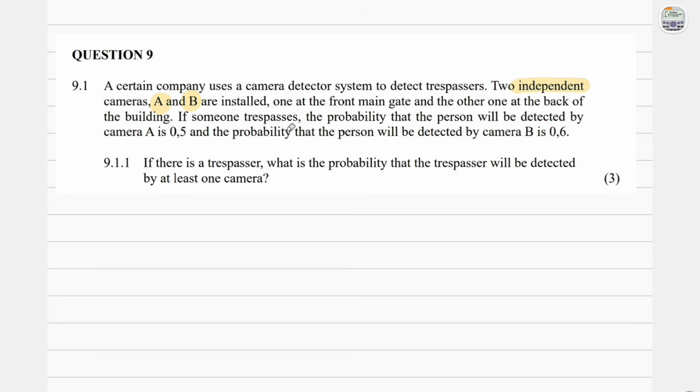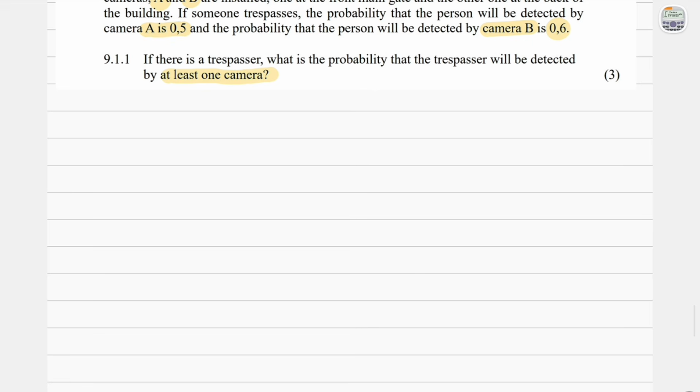If someone trespasses, the probability that the person will be detected by camera A is 0.5, and the probability that the person will be detected by camera B is 0.6. Now, the question is, if there is a trespasser, what is the probability that the trespasser will be detected by at least one camera? Okay, so this is the scenario we have.